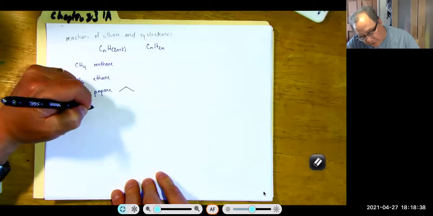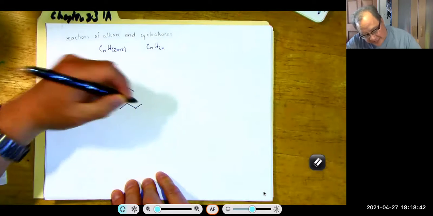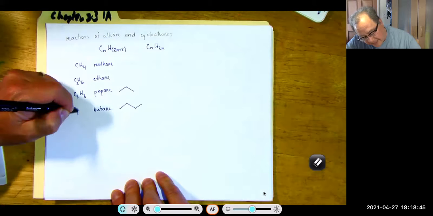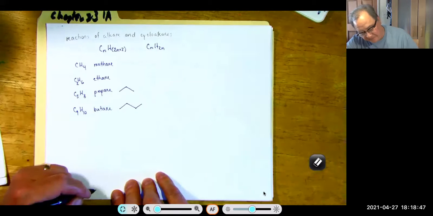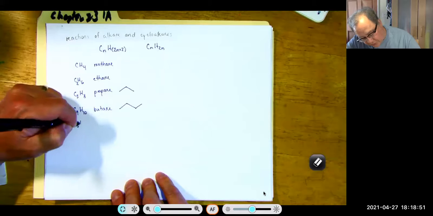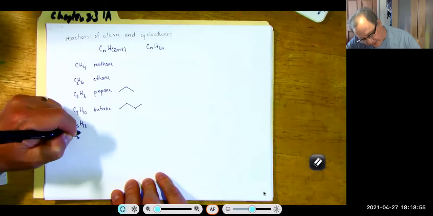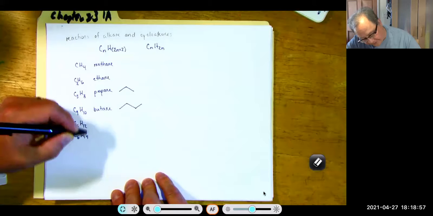This one is called butane, the next one, and it looks like that, C4H10. So this goes all the way to 10, and you should memorize these names and the formulas.